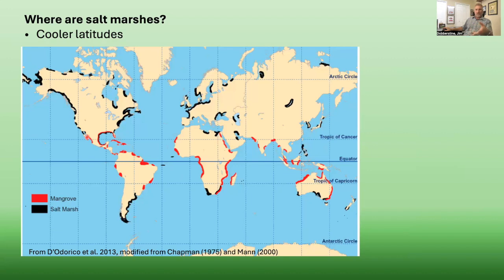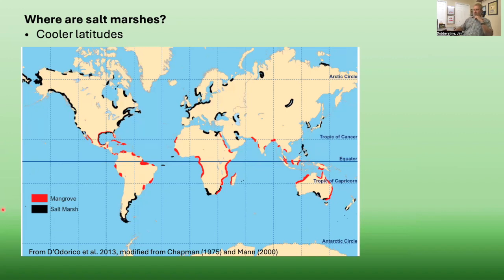They're adapted in such a way that allows them to go into senescence and survive those winter periods, come back strong in the summer every year, and do all their important processes during that growing season. Mangroves in particular don't have that capability, as you're going to see.